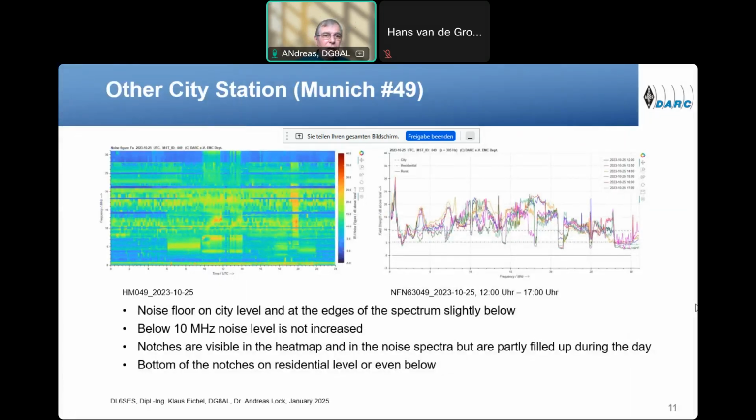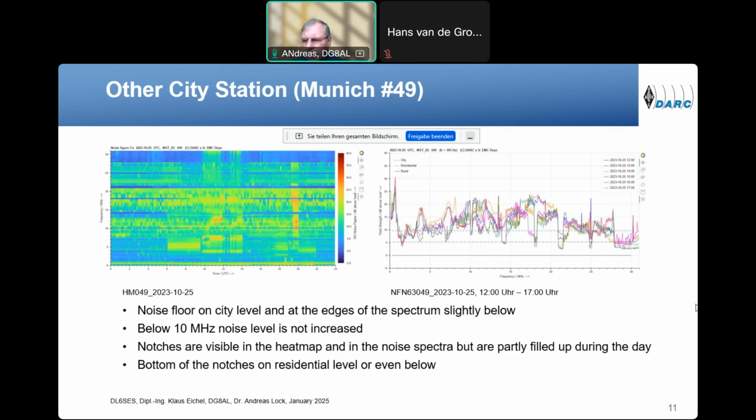But there are also other cities which show a better situation, and this is the station in Munich, number 49. If you look at the line diagram on the right-hand side, you see that in the morning, at lower frequencies, and during the day, the average noise level is about city level, but what you can also see is that we still have the notches in the city, and the bottom of the notches reaches down to the residential level or even below.